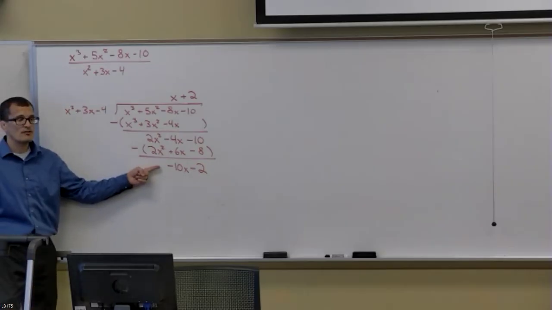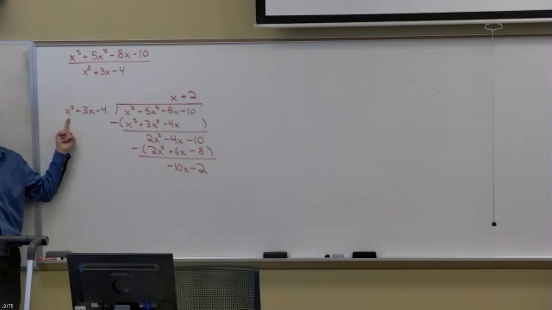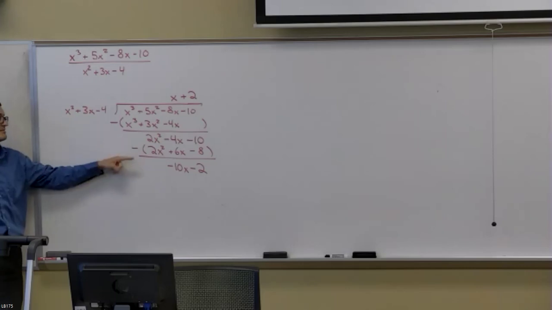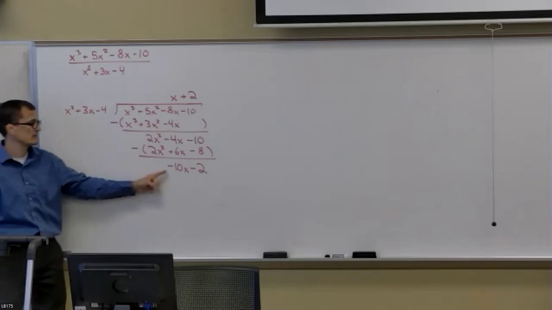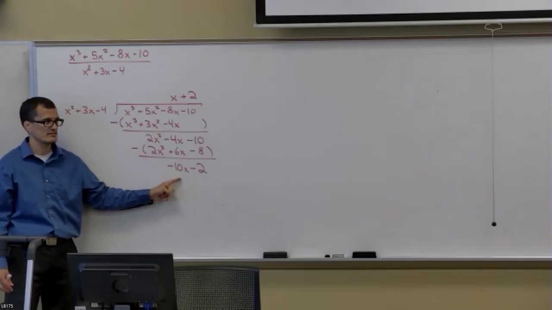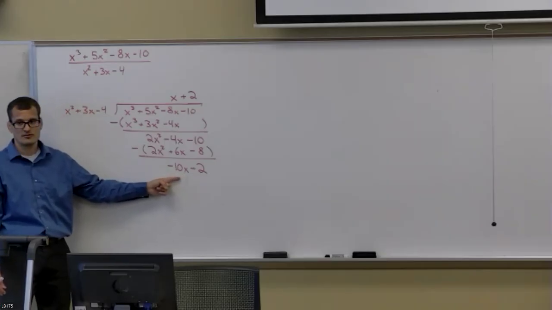Now this part that remains is of lower degree than my divisor. Therefore, I'm going to stop at that point. Anything that I multiply x squared by now to get negative 10 times x is not going to be a polynomial term.